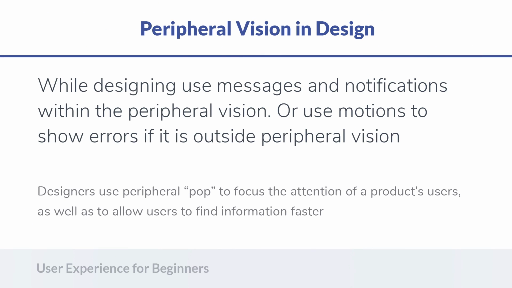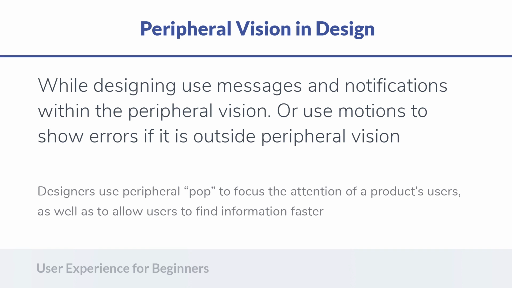Let's see how peripheral vision is important in designing digital interfaces. When you are designing messages or notifications, you need to keep them in the central vision. And if you cannot keep them in the central vision or very close to where the user is looking, then you need to use some motion to show the user that something happened or some error happened.